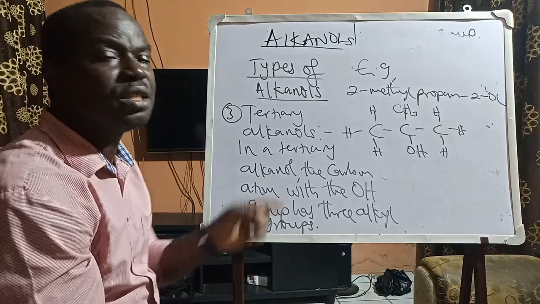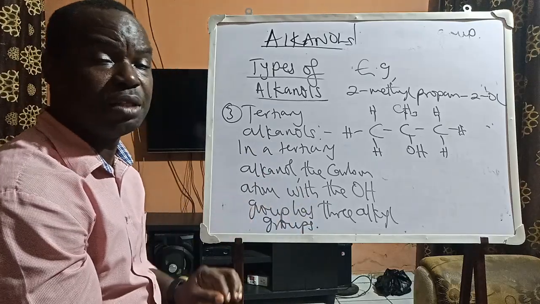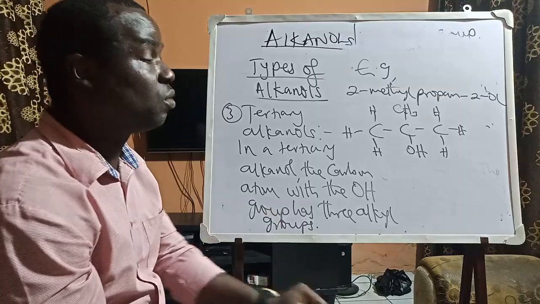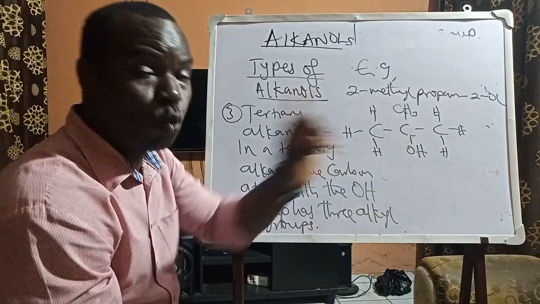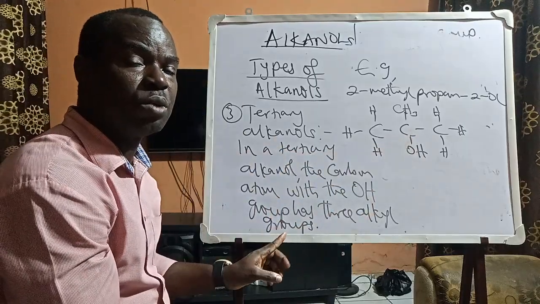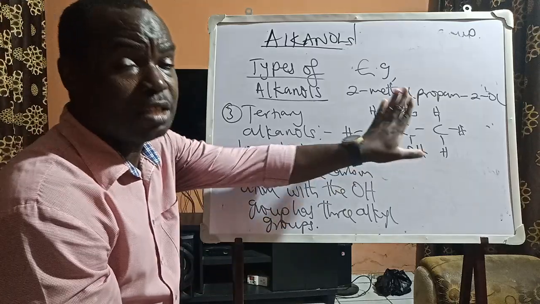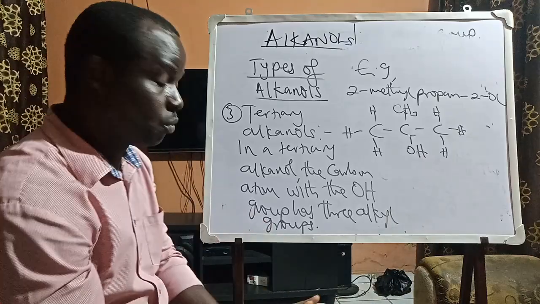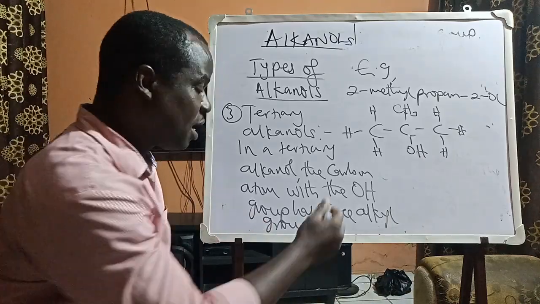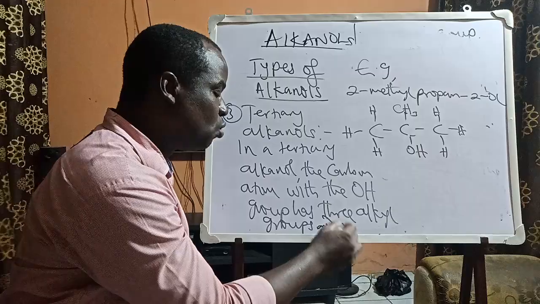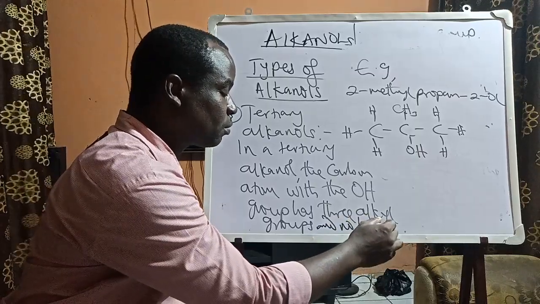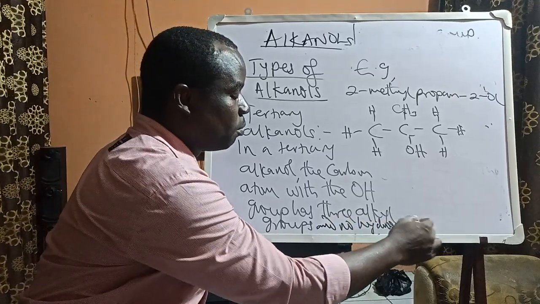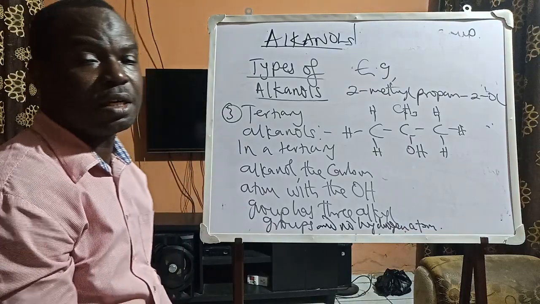So how do you differentiate a tertiary alkanol and the secondary alkanol? In a secondary alkanol, the carbon atom with the OH group has 1 hydrogen atom. Check the other example. Then in a tertiary alkanol, the carbon atom with the OH group does not have any hydrogen at all. So I can even add it here. 3 alkyl groups and no hydrogen atom. That's a tertiary alkanol.